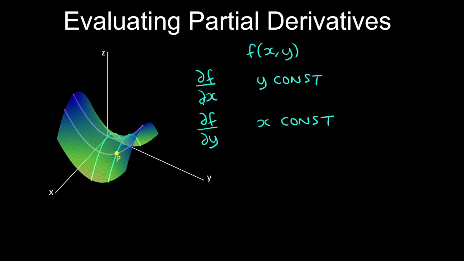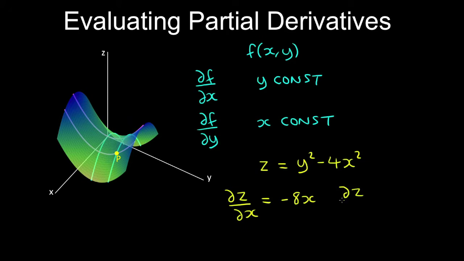So for example, evaluating these derivatives for a hyperbolic paraboloid defined by z is equal to y squared minus 4x squared, taking the partial derivative of z with respect to x means the first term drops out because y is held constant, and the second term gives minus 8x, using the power rule for differentiation.